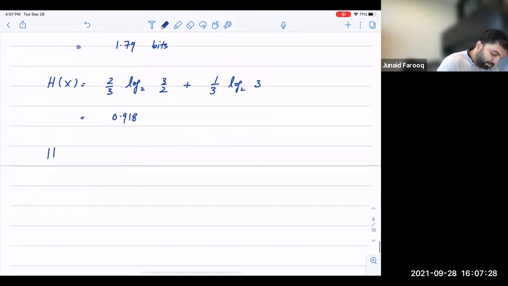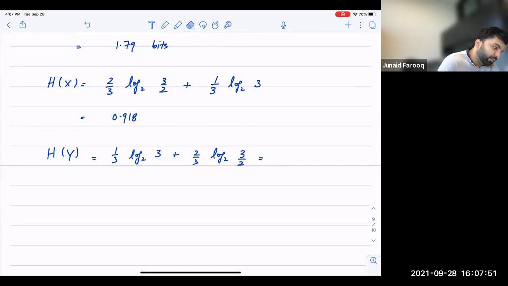Similarly, H of Y is the same thing, right? So it's 1/3 log 2 of 3 plus 2/3 log 2 of 3 over 2, and it turns out to be 0.918.